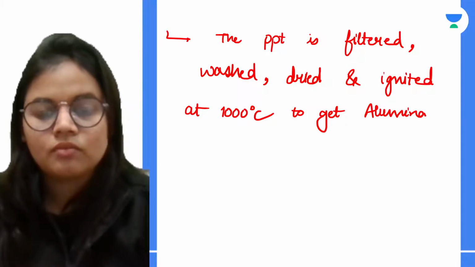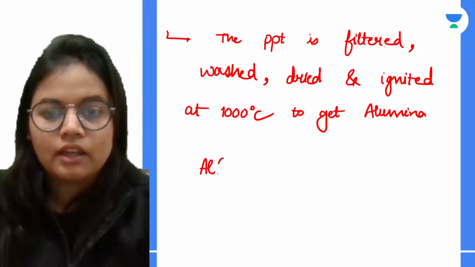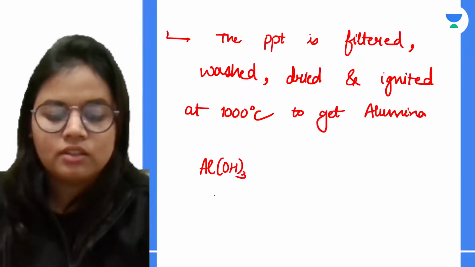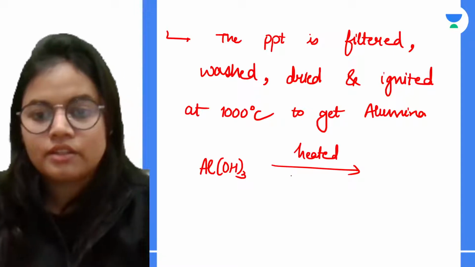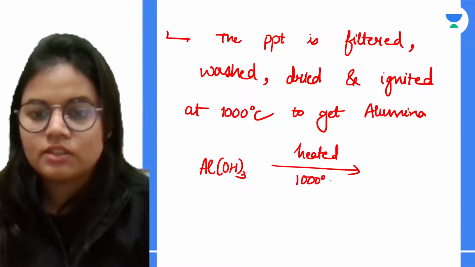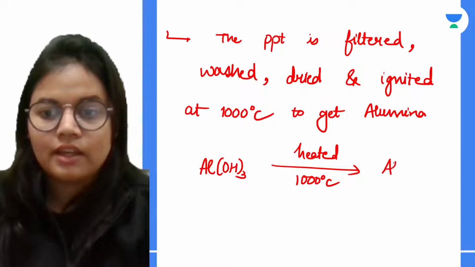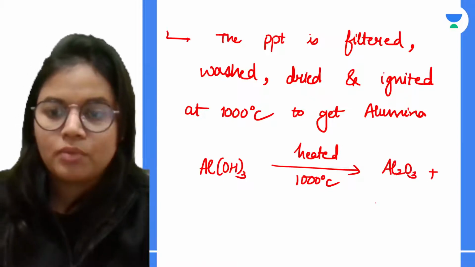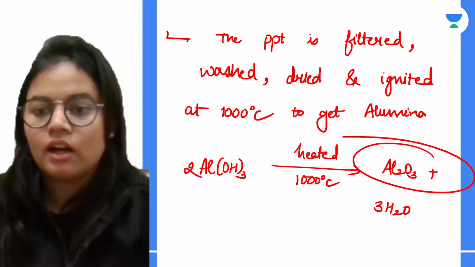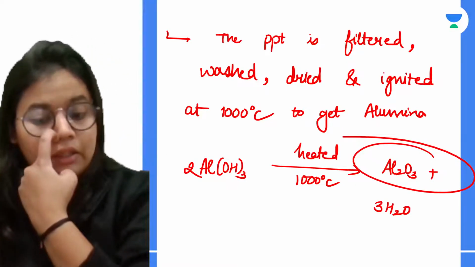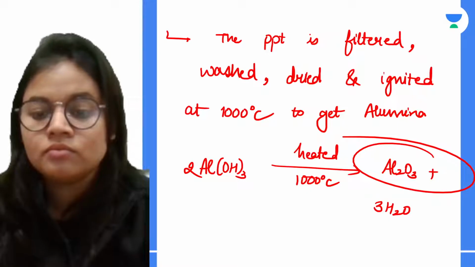Alumina. That is Al(OH)3, when it is heated, the temperature range is 1000 degrees Celsius. We get Al2O3 plus 3H2O. This is our main product that we need, that is alumina.